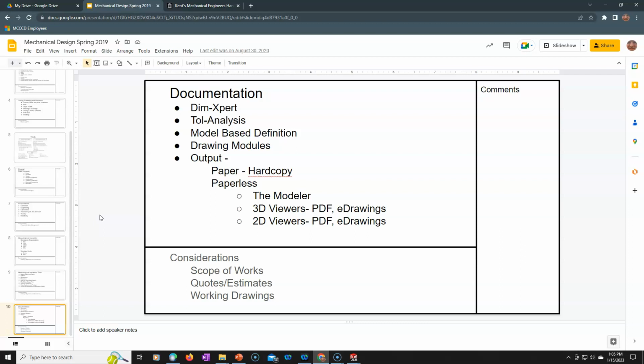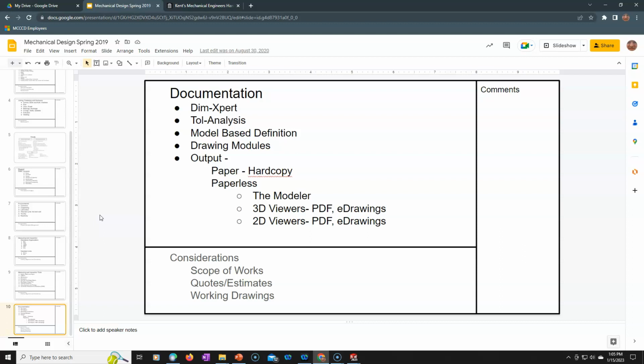Tablets are certainly more survivable today, but pretty much are not the same as just having a piece of paper in front of you with those dimensions. So DimExpert and MBD, model-based definition, are pretty much in the same category now. We'll see those two tabs in SolidWorks.